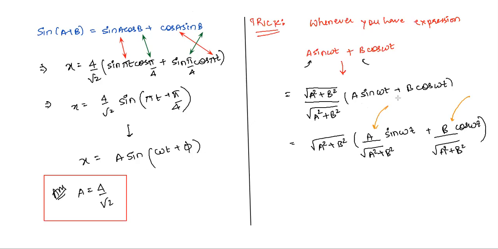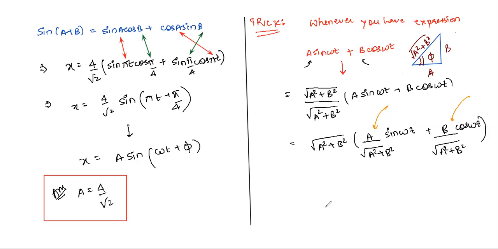Let us see how. So let's say I have a triangle here. I'm drawing a triangle. Have a look. I have a right angle triangle for which one of the sides is A and the other side is B. So what will the hypotenuse look like? The hypotenuse will be under root of A square plus B square. So suppose I take this angle as alpha, or let us take this as phi.